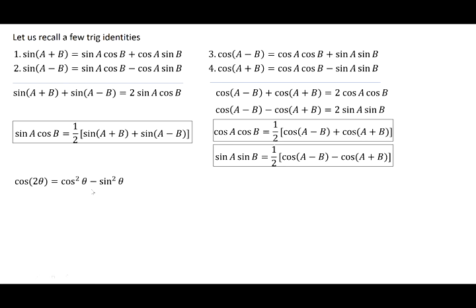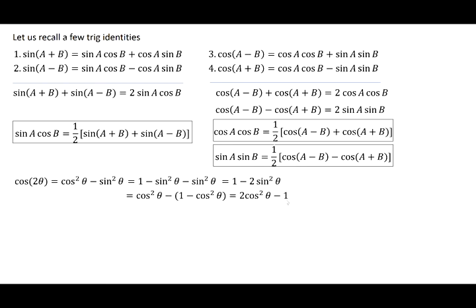Or equally likely, we could replace sine square theta with 1 minus cosine square theta. In fact, we will do both. We'll replace cosine square theta with a 1 minus sine square theta, in which we get cosine 2 theta to be 1 minus 2 sine square theta. And we will replace sine square theta with a 1 minus cosine square theta, in which case we get this.